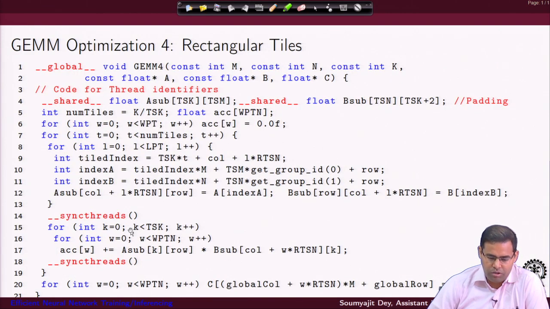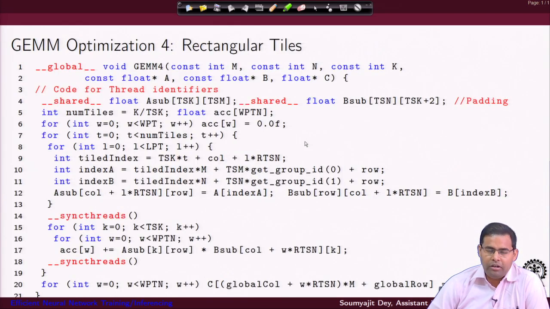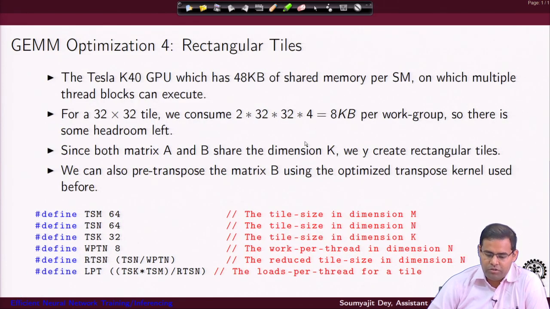But then there was also this optimization that since we are supporting bigger tiles, why not also store the matrix B in a transposed way, because then you have the advantage of memory access coalescing while loading from the global memory.